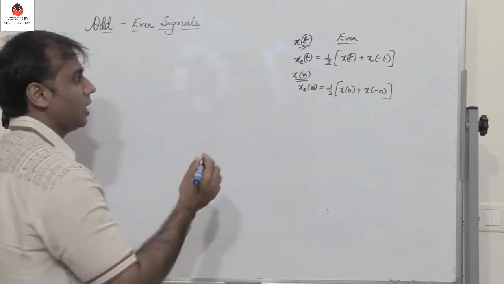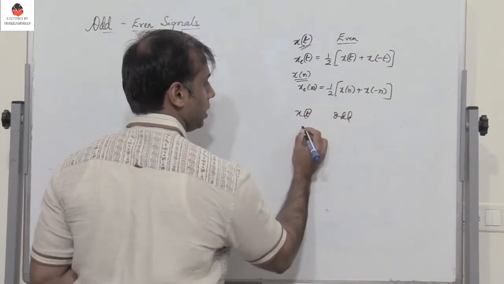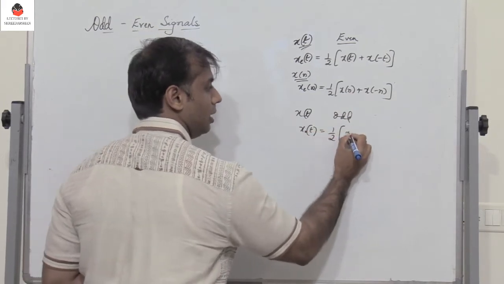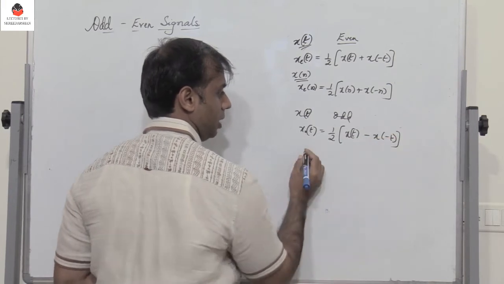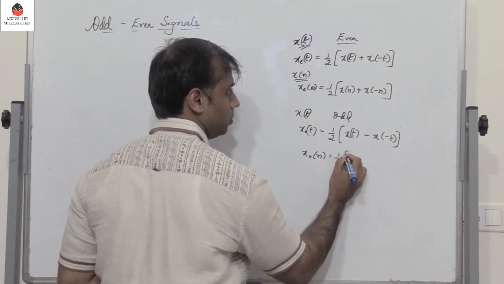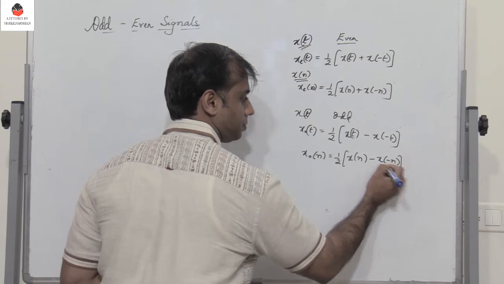Now similarly, if I have the signal x of t, how do I calculate its odd component? xo of t is nothing but 1 by 2 into x of t minus x of minus t, and similarly xo of n equals 1 by 2 x of n minus x of minus n.